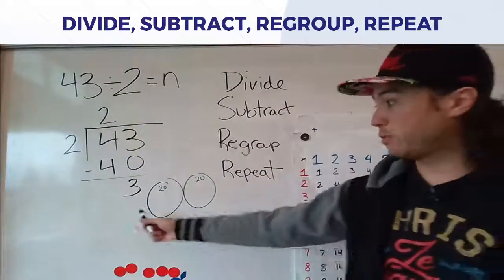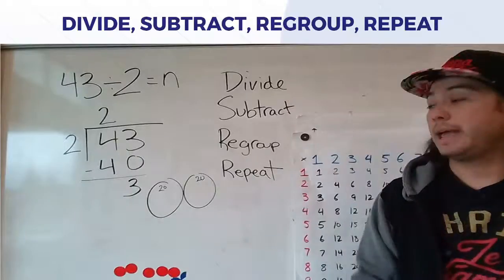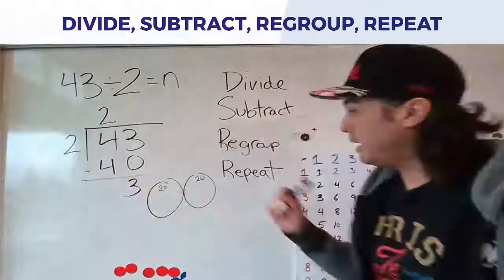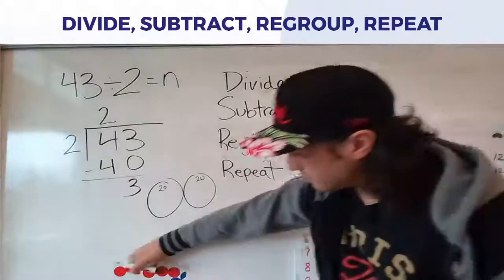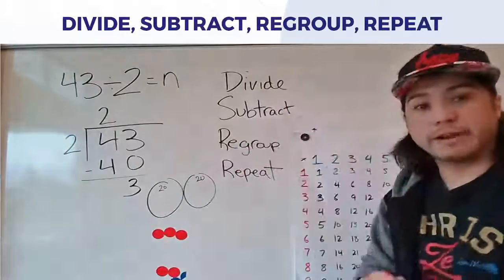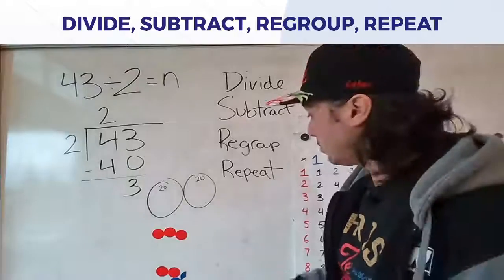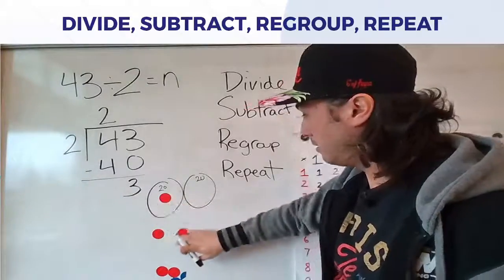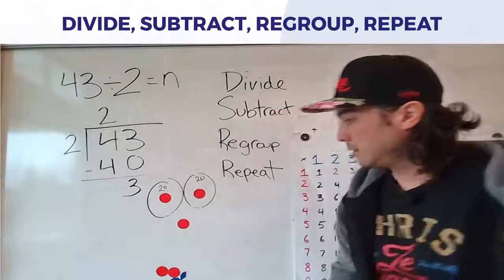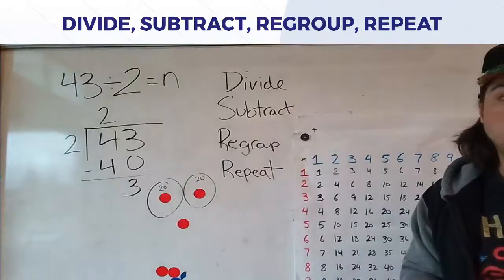So now we have 3 ones left, and we need to know, if I have 3 ones, how many will fit into 2 equal groups? I can go 1 there, and then I have 1 left out here.